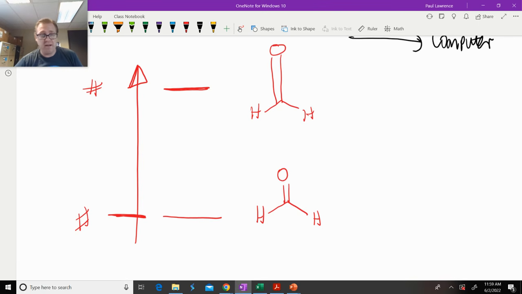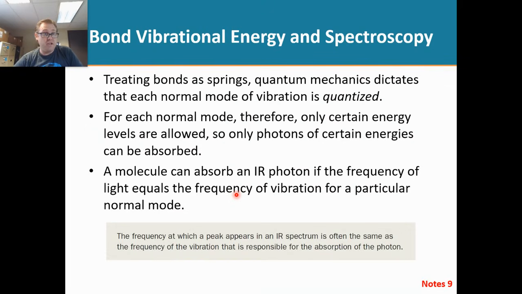The numbers aren't very important to understand this concept at this point, okay? But we have two different vibrational modes, and those energies are quantized. They have a specific energy. So for each normal mode, therefore, only certain energy levels are allowed. So only photons of certain energies can be absorbed.